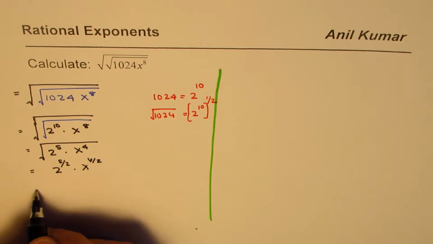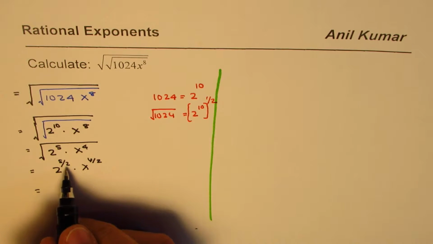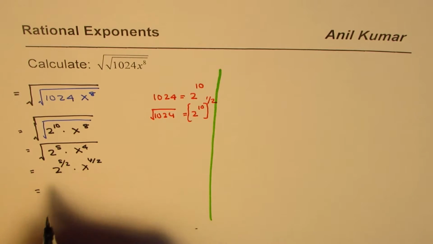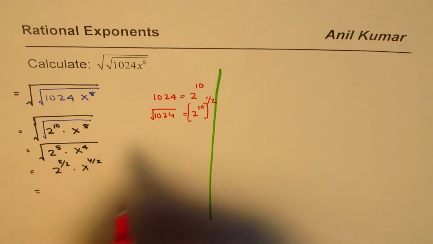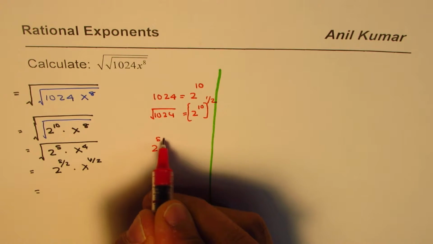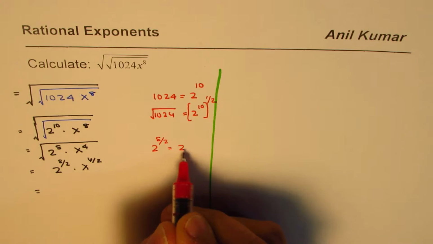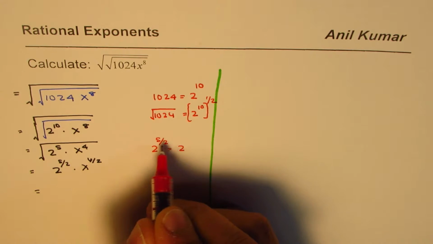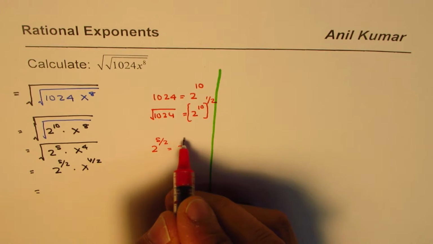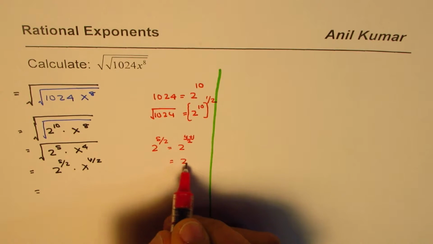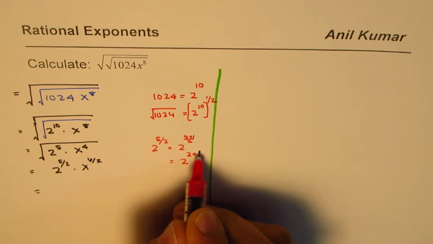Is it okay? So 2 to the power of 5 over 2 is 2 wholes and a half, right? Let me show you what I'm trying to say. 2 to the power of 5 over 2: 5 is 4 plus 1, correct? So it is 4 plus 1 over 2. That is to say 2 to the power of 2 wholes plus half.